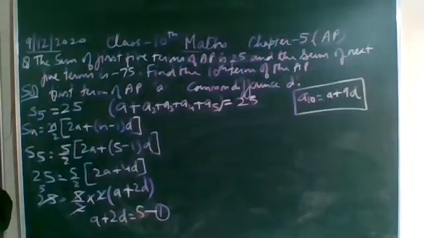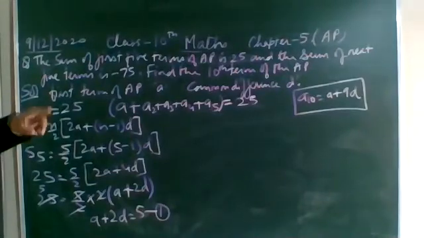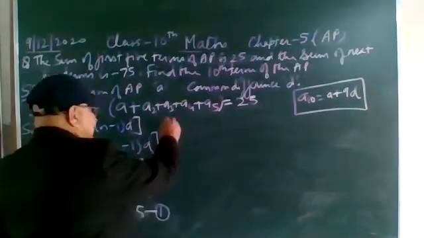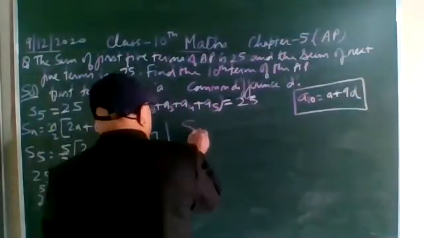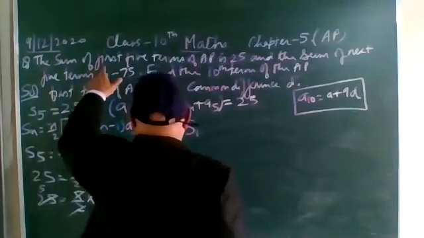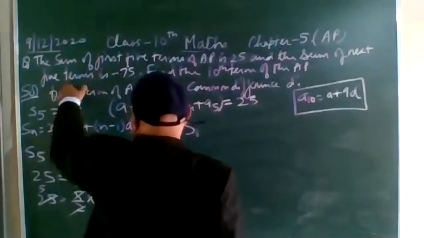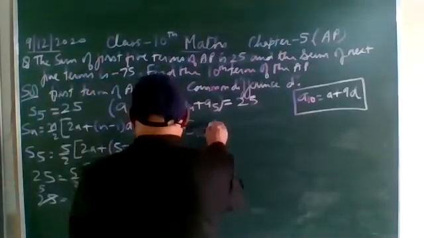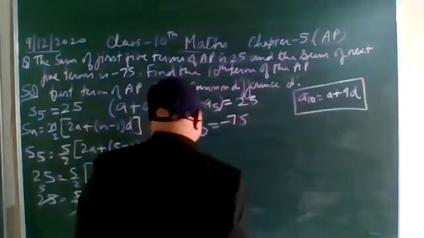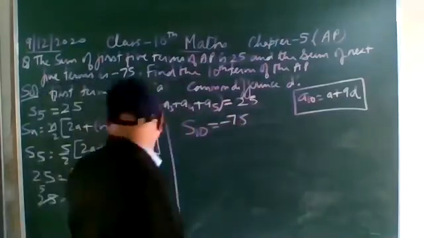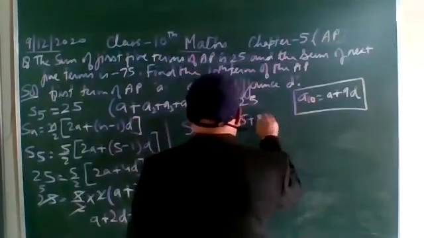Now, the sum of next 5 terms is -75. So the sum of 1 to 5 is 25 and the next 5. So S10 will be what? -75 + 25.